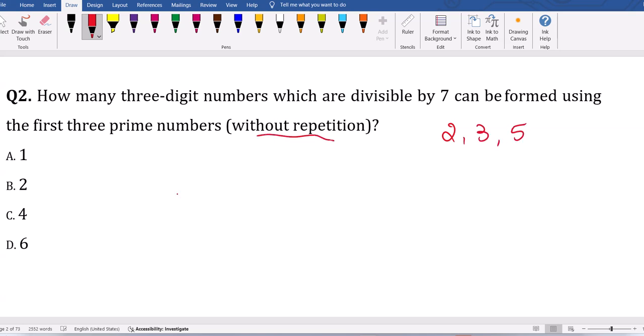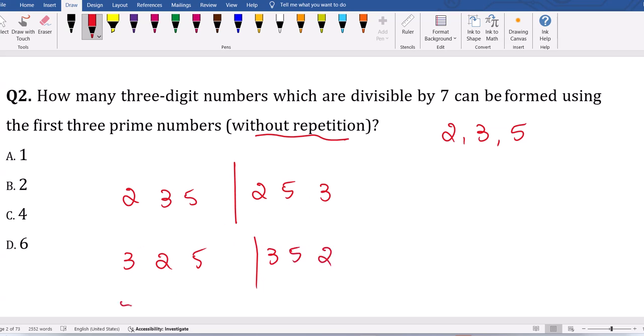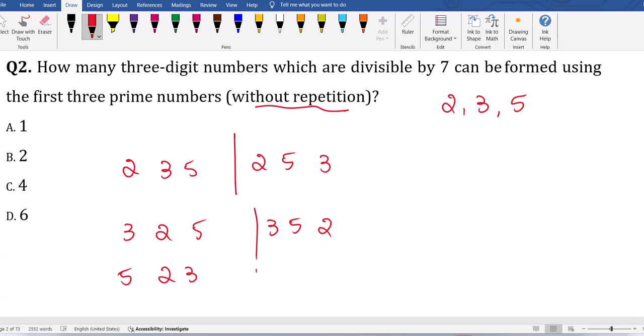Without repetition, the numbers that can be formed are 235, 253, 325, 352, 523, 532. These are the 3-digit numbers which can be formed using those 3 prime numbers.